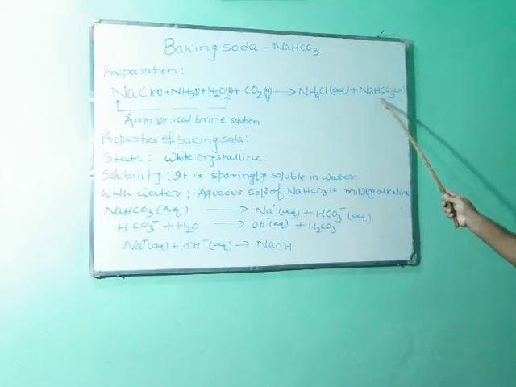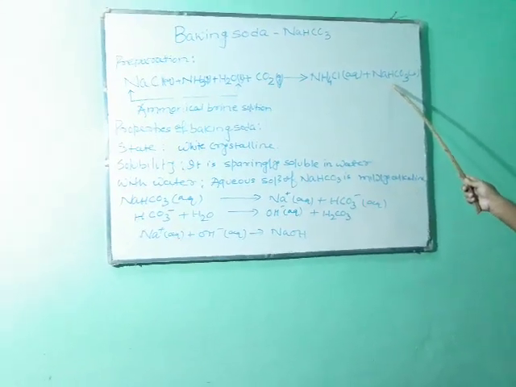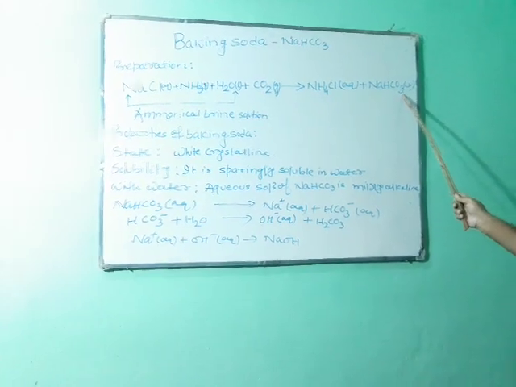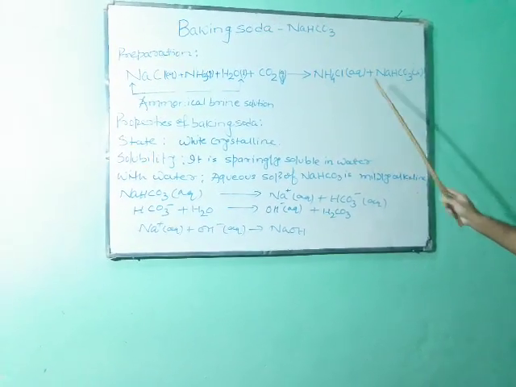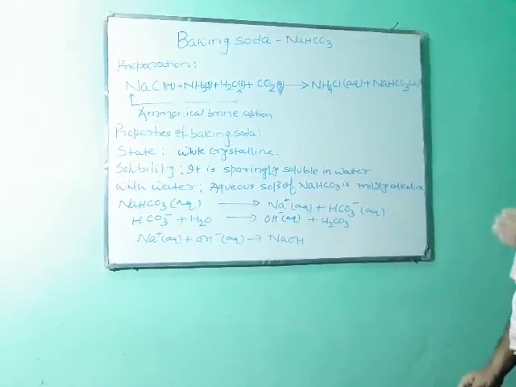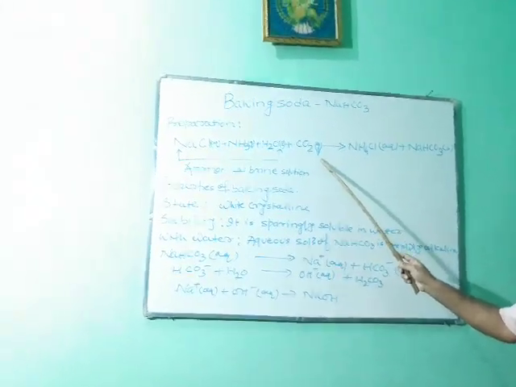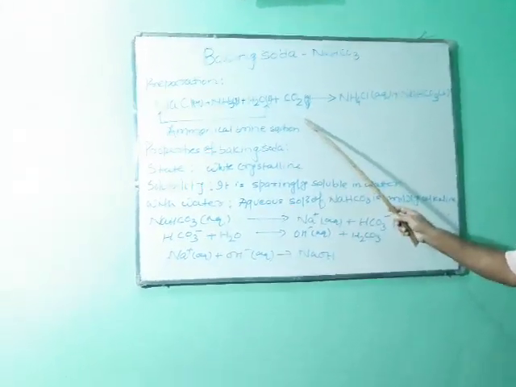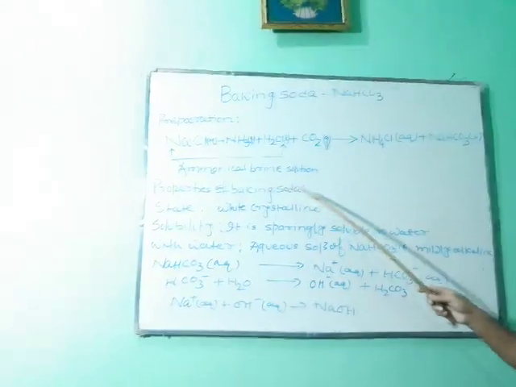So by the process of filtration we can obtain the sodium hydrogen carbonate that we need. So this is the way to prepare sodium hydrogen carbonate, the preparation of baking soda. Now let us come to the properties of baking soda.